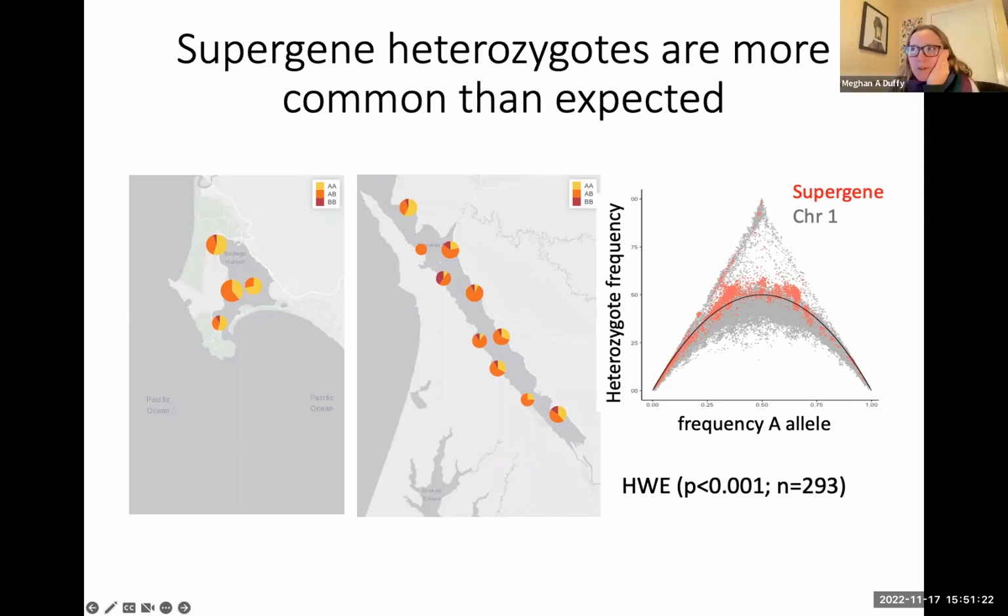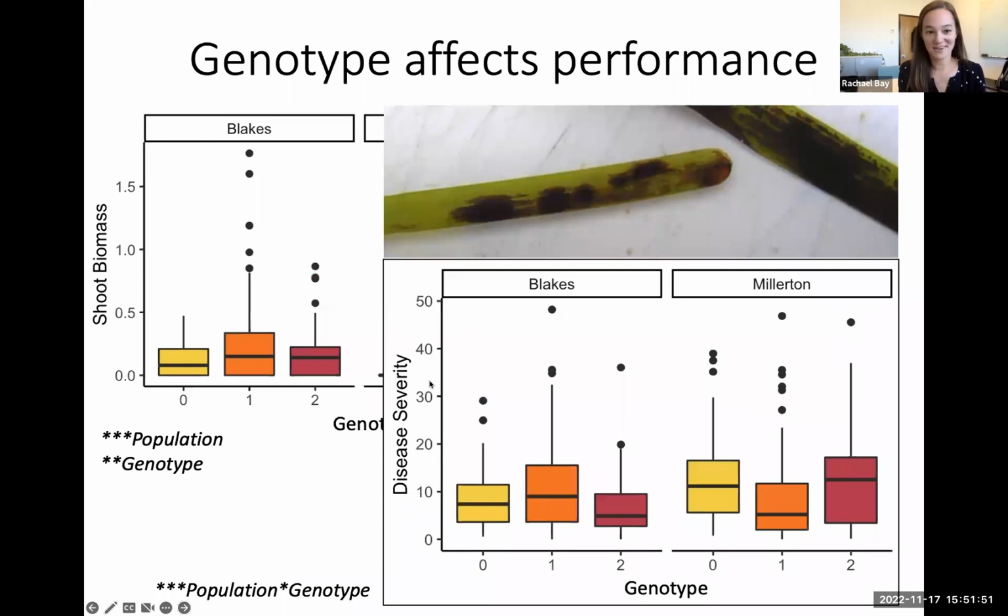Something those questions made me wonder about is the eelgrass thermal tolerance with this heterozygote advantage. Was there maybe a trade-off between thermal tolerance and disease resistance? It acts differently based on population background, right?